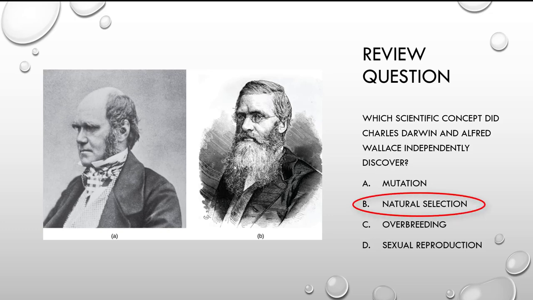Sexual reproduction, I think people have discovered that a long time before Charles Darwin. Yes, so natural selection is what they independently discovered. So they both figured that out on their own through their travels, and then they came together and presented it at the Linnaean Society in London. So B is the correct answer.